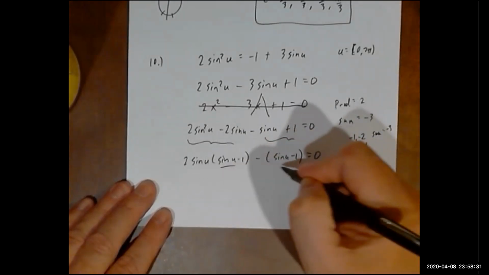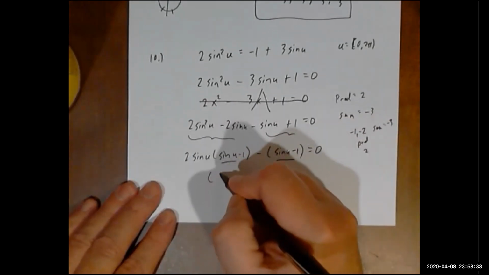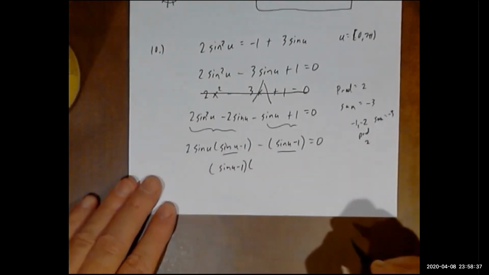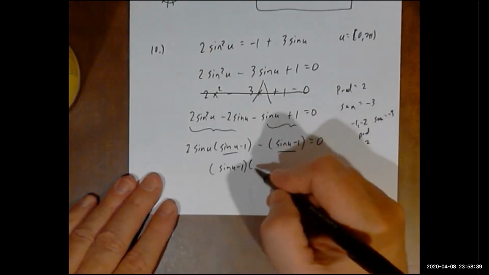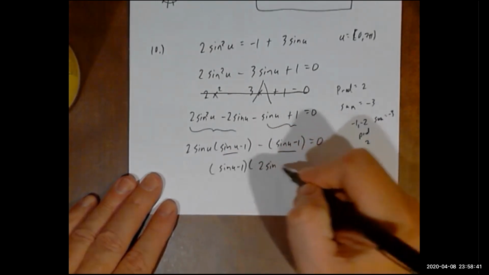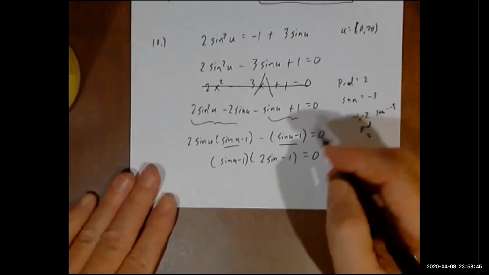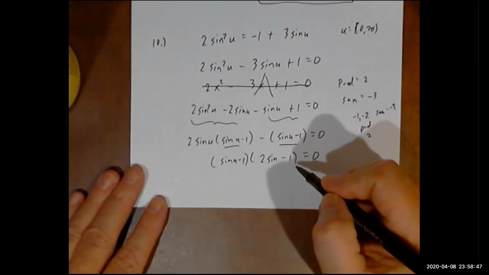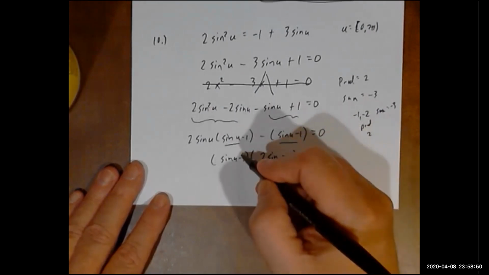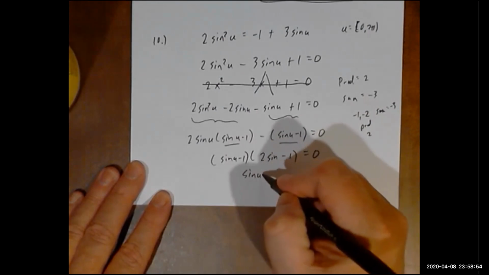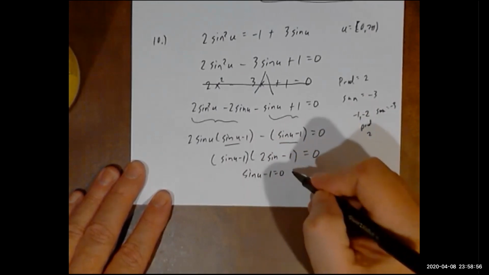And then you notice these parentheses are identical, so you factor out the whole parenthesis. Once again, this is sort of hardcore algebra, so if you're not quite following this, it's probably been too long since you did a bunch of factoring. Anyway, once I factor, I get this. Now the solution is, you take each of these parentheses, and you set them equal to 0, and you solve it.